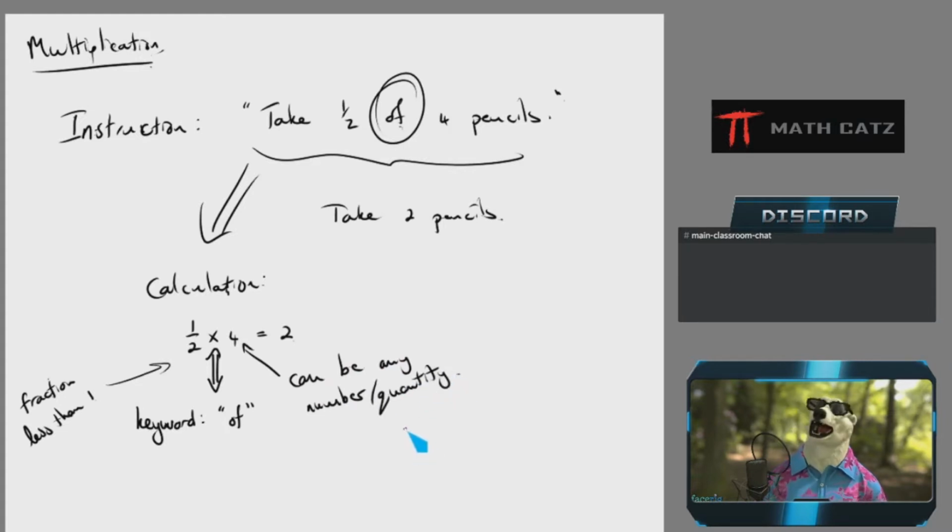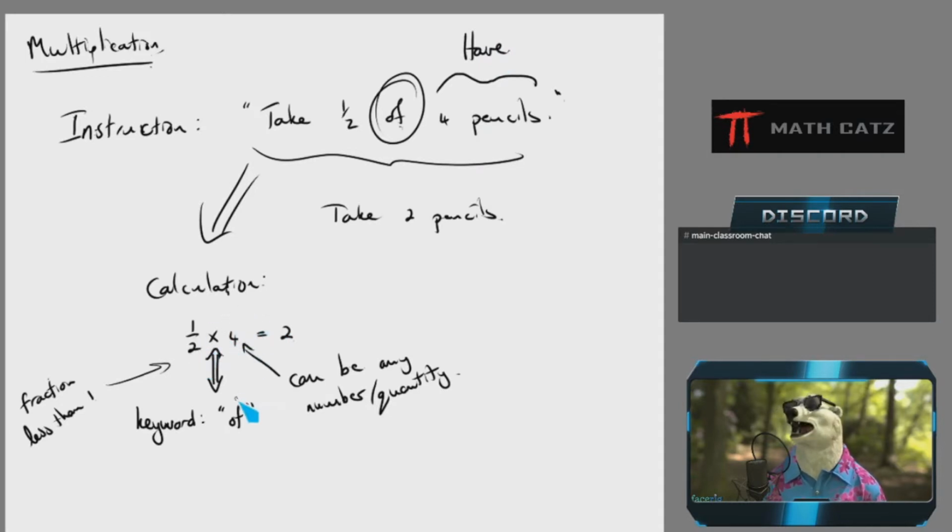Okay, so when I read a multiplication like this, and I now have to intuitively figure out what to do, I think of the of word, and the instructions are telling me I have 4 pencils. This is what we have. I have 4 things.